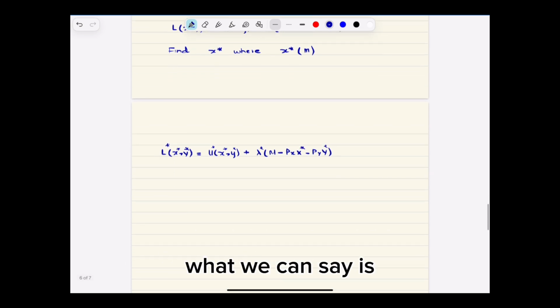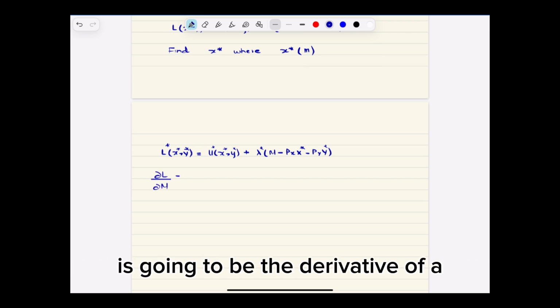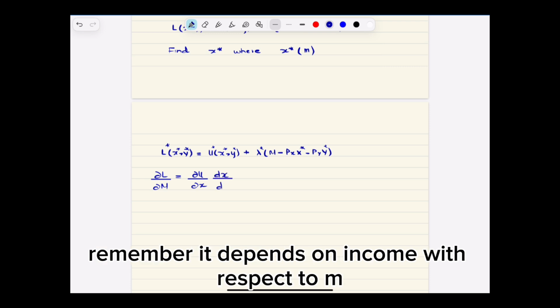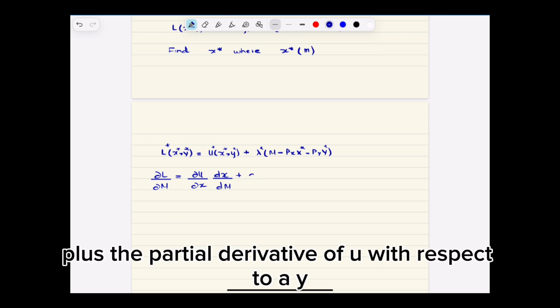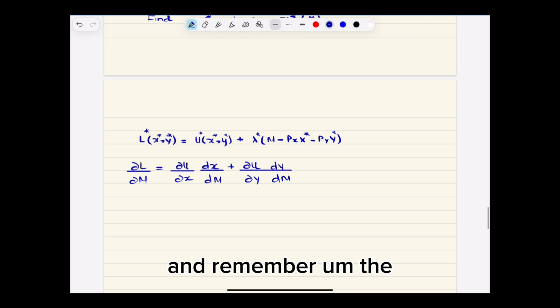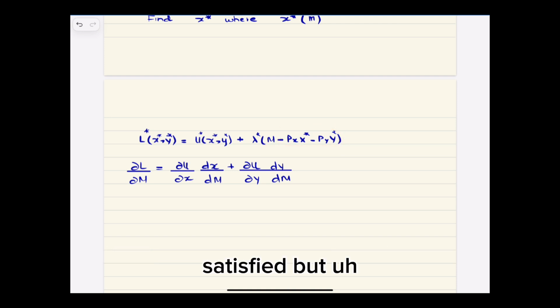Okay, so what we can say is the derivative of L with respect to income is going to be the derivative of U with respect to X, then the derivative of X, remember it depends on income, with respect to M, plus the partial derivative of U with respect to Y, and then you have the derivative of Y with respect to M. And remember, at the optimal value, the constraint is actually satisfied.